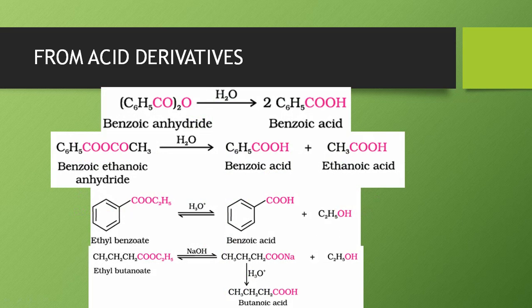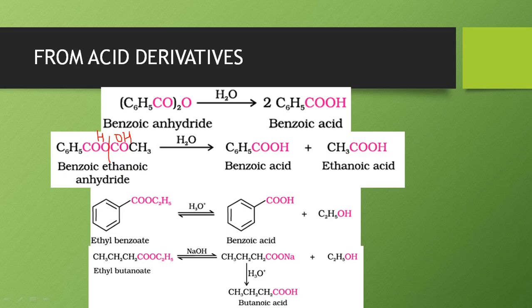Here are some examples. You can see with benzoic anhydride you get 2 molecules of benzoic acid. If the anhydride is made up of 2 different acids, then in that case you get 2 different carboxylic acids as product, OH and H. So you get one molecule of benzoic acid and another molecule of ethanoic acid.